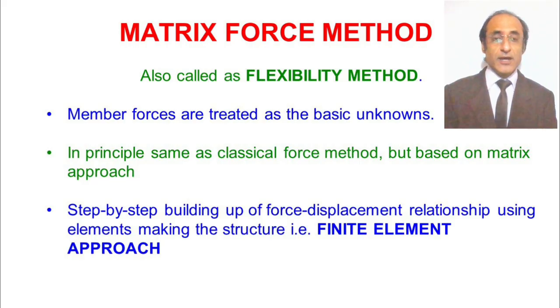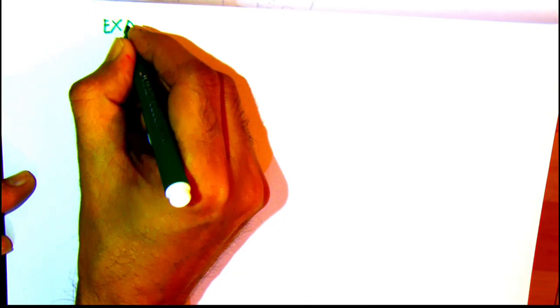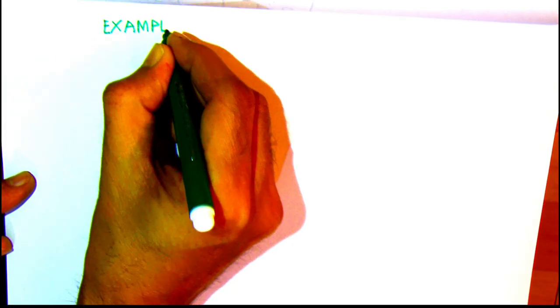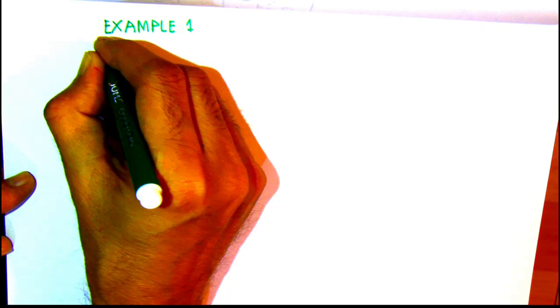Let us continue from the point of the collective flexibility matrix with two examples. Let us consider one example here to illustrate the formation of the collective flexibility matrix.